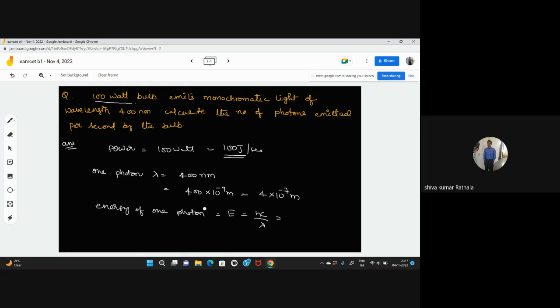That is h value 6.625 into 10 to the power of minus 34 joule second, into c value 3 into 10 to the power of 8 meters per second, by lambda, 4 into 10 to the power of minus 7 meter.